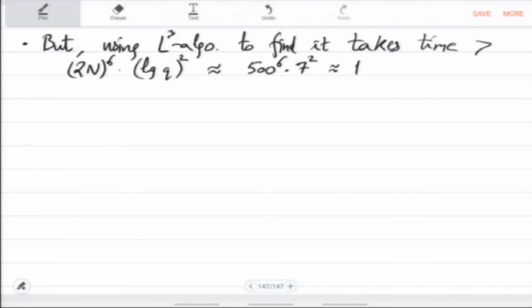So this is around 10 raised to 18, which is impractical. So the LLL algorithm will be impractical. Even if the LLL algorithm finds f, g, it's a very impractical way for the adversary. So the scheme is secure, NTRU is secure.